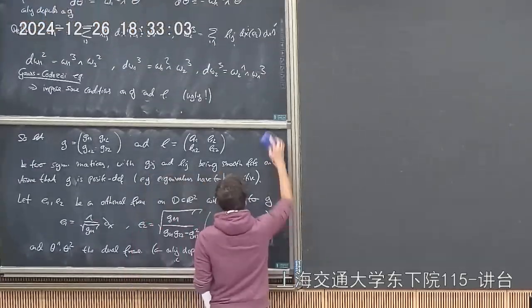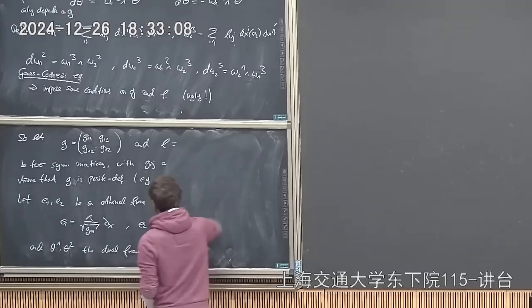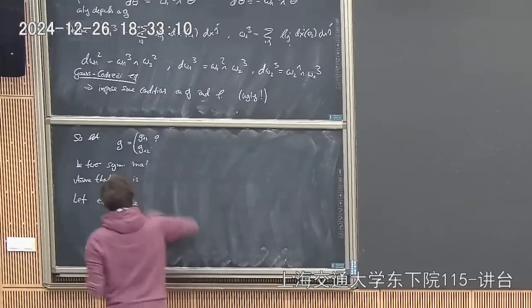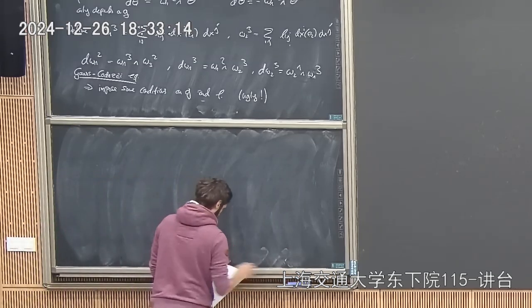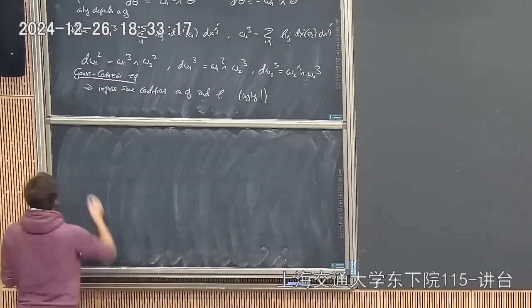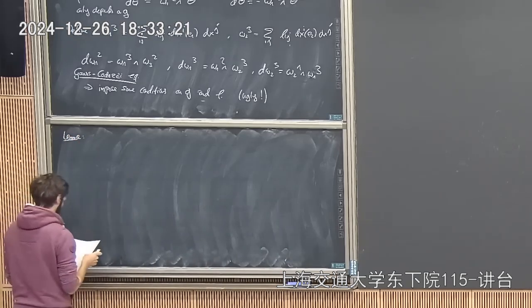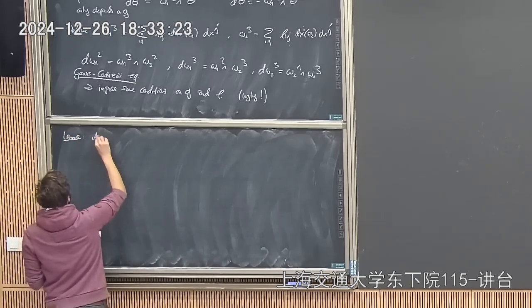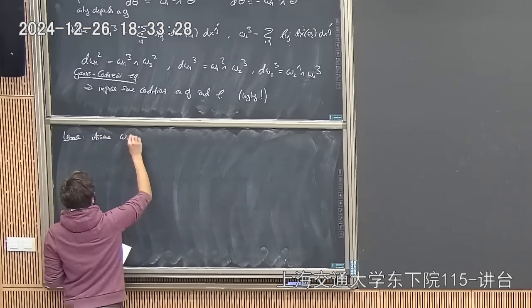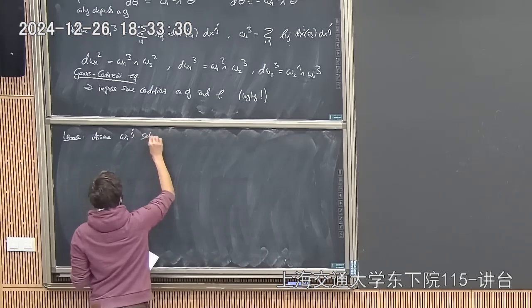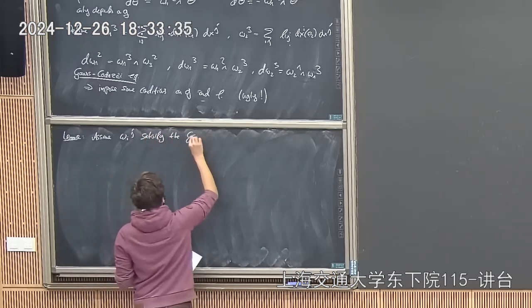And then there's a result that says the following. Assume that these omega ij satisfy the Gauss-Codazzi equations.